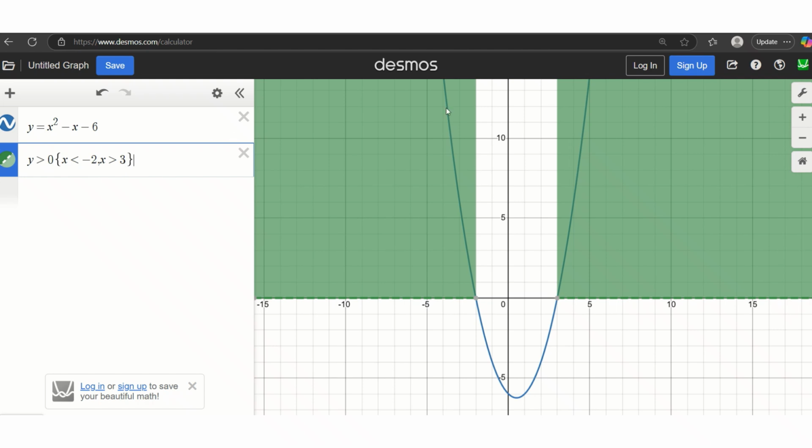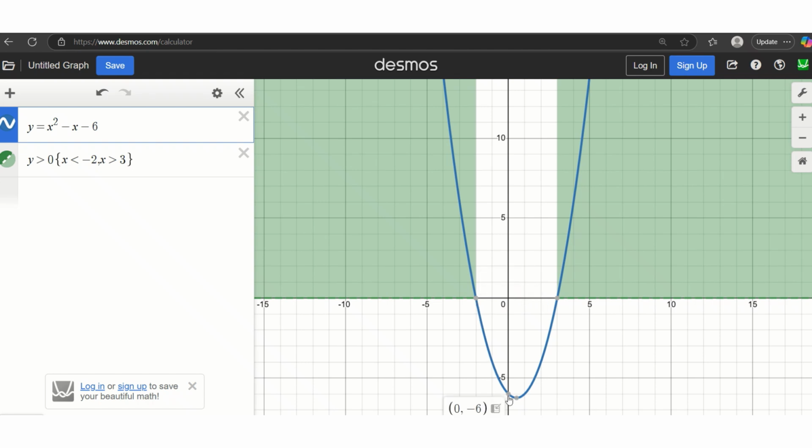And what that does is we now have the positive intervals highlighted, and we've eliminated this middle part where the graph is actually dipping below the x-axis, because it's not positive here. If I look at my y coordinates, it's not positive in there. And so you can see that we have the highlighting cutting off.